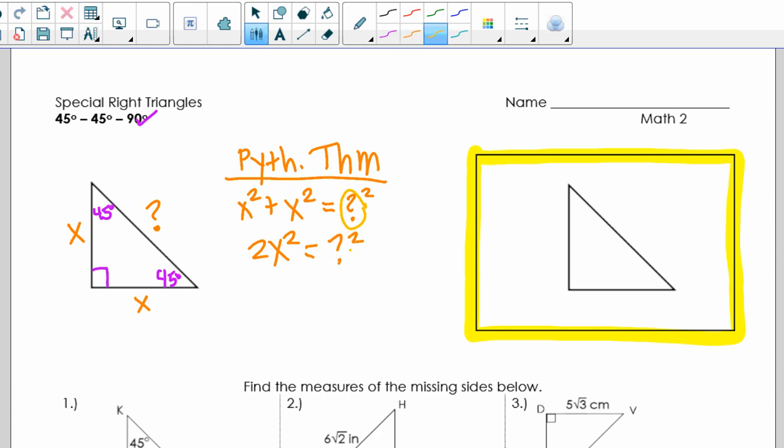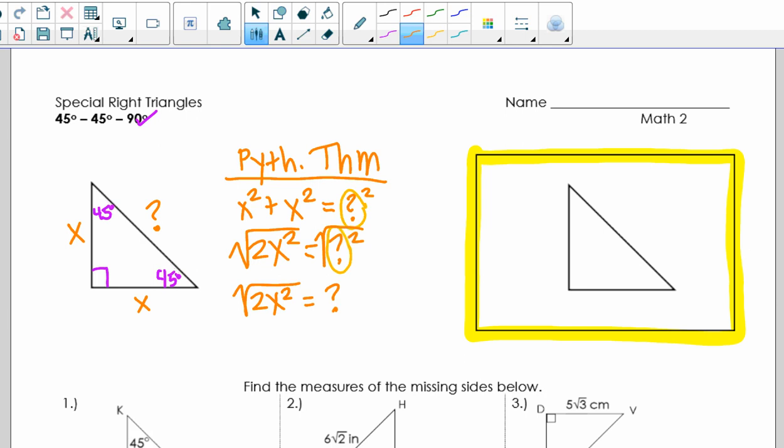In order to get that question mark by itself, I'm going to square root both sides. Now, think about this. Right now, I am saying that the square root of 2x squared equals that missing side.